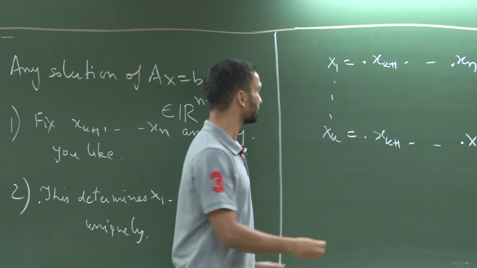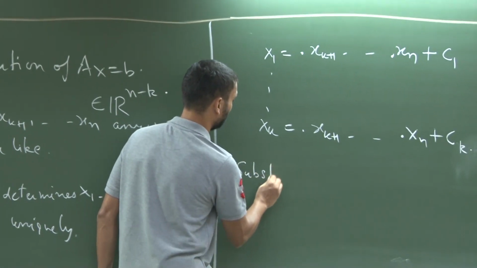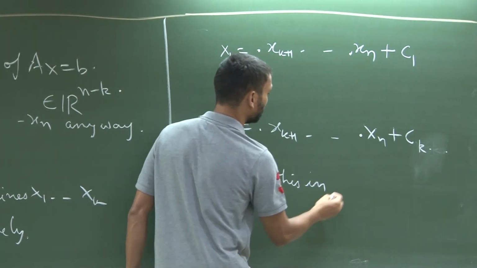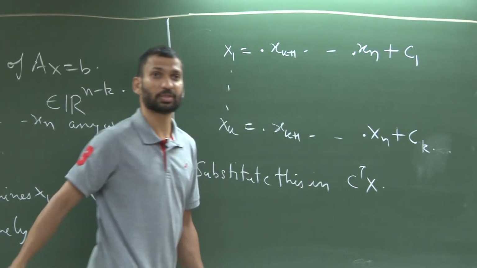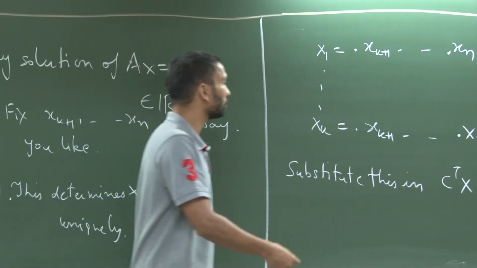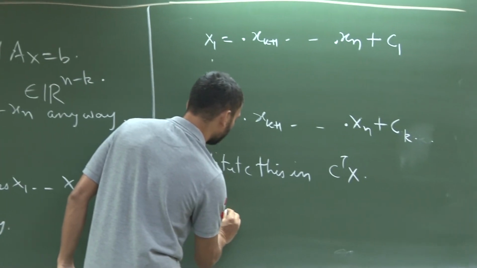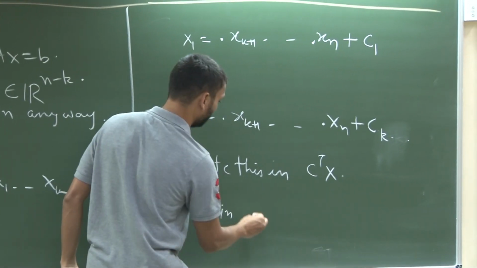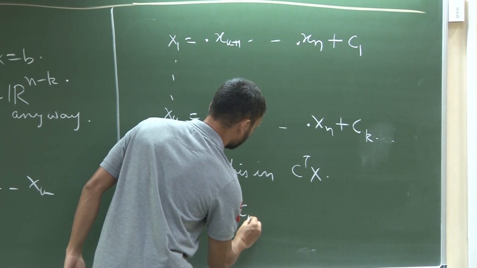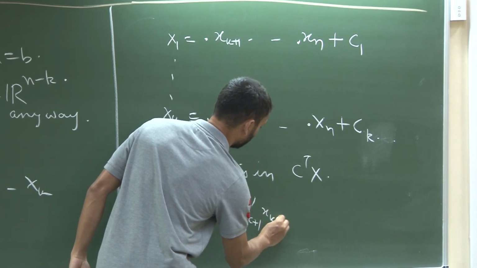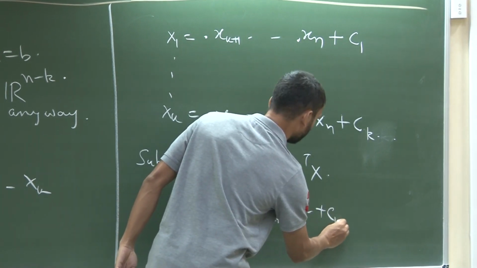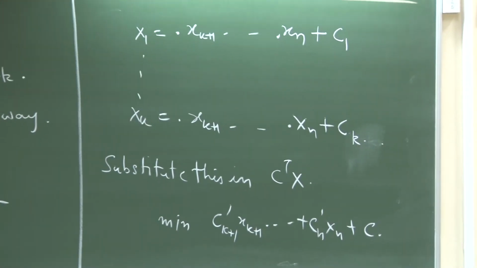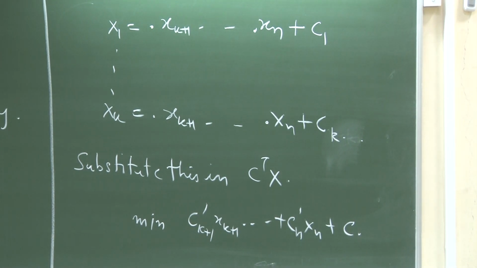But once I know this, I can substitute this in c transpose x, and then I have got a function of the kind, was it minimize? Okay. These coefficients will change plus some constant c, and there are no constraints remaining.